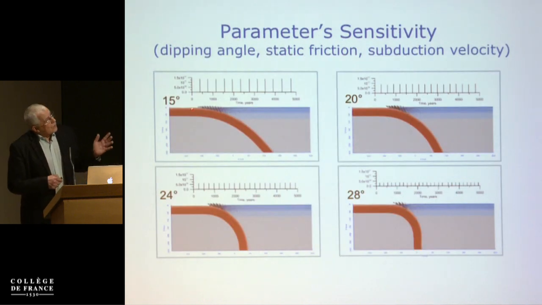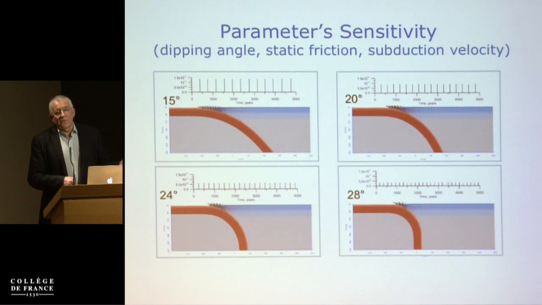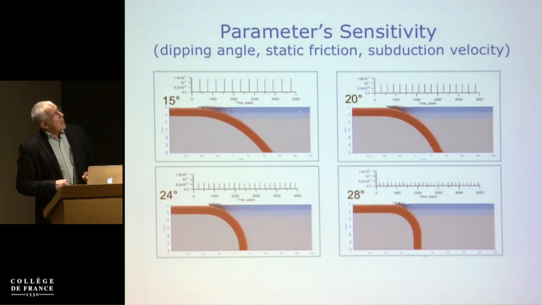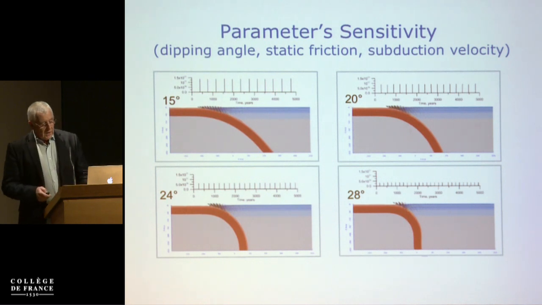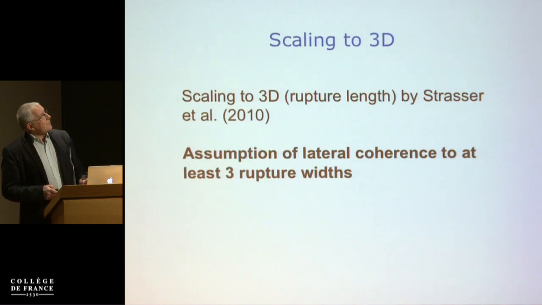Now, we can look at subduction zones of different geometries. And also what we are doing, we are changing the static friction coefficient in the subduction channel. These two parameters we vary in our modeling.